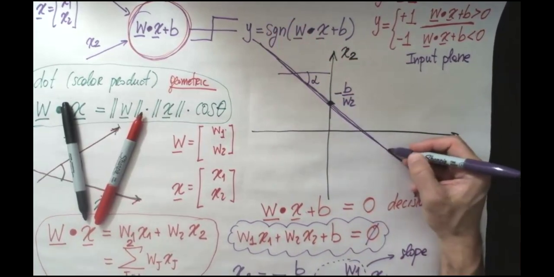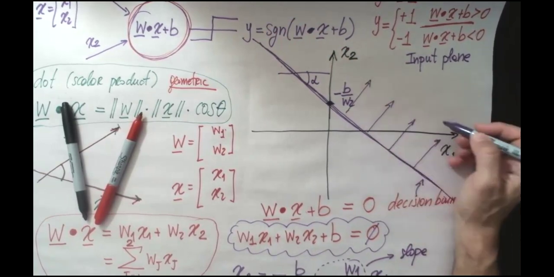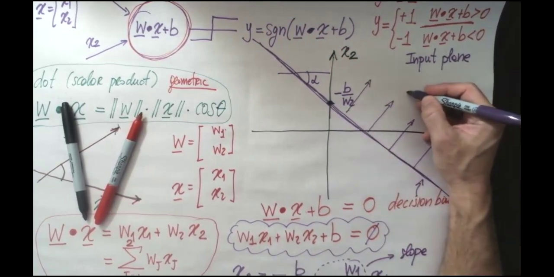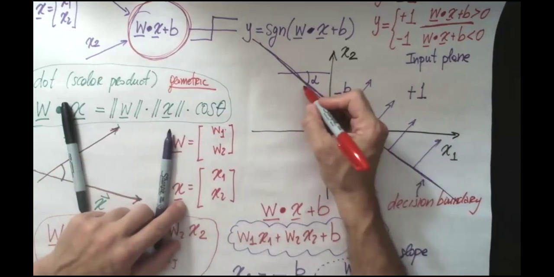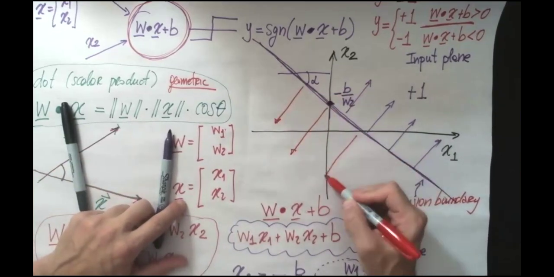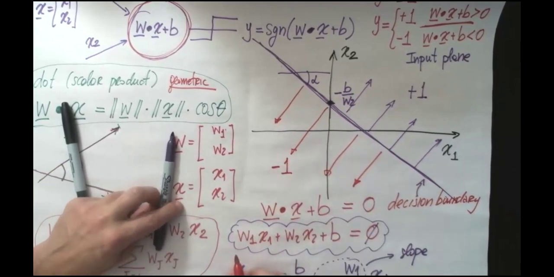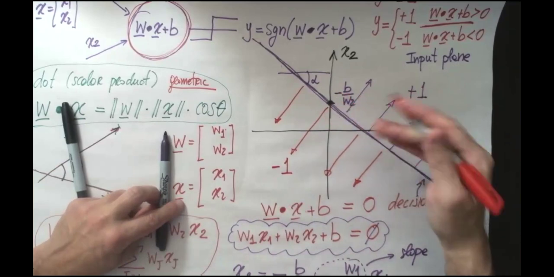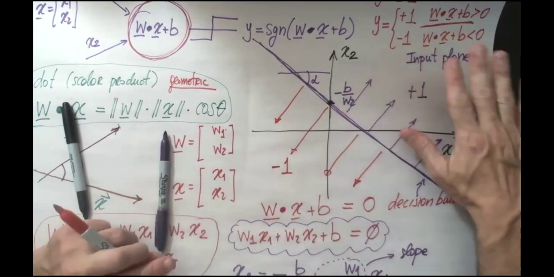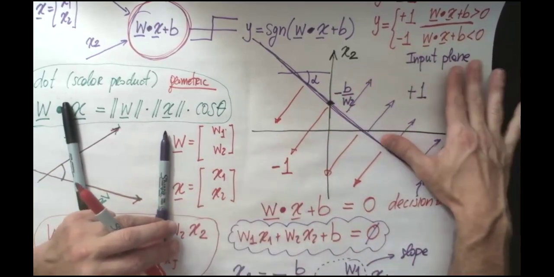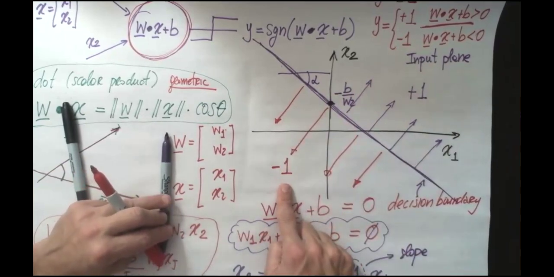And what happens is that all the inputs that are above this line will give me an output of plus 1. All the inputs below this line will give me an output of minus 1. So you can see that here the plane has been divided into regions: the region which gives me a plus 1 output, and the region that gives me a minus 1 output.